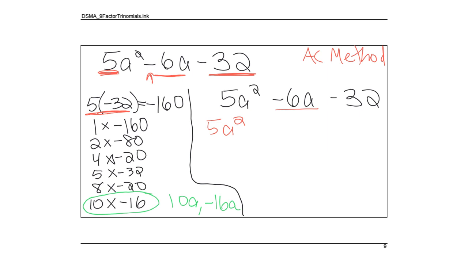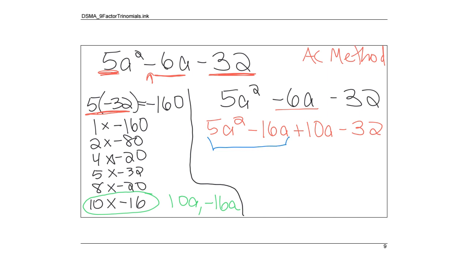If you want to avoid the signs, we could put the negative 16a first, but it truly does not matter which way we do this. Okay, so now we're good to go. We've replaced the middle term with these two terms, and now we can do factoring by grouping.